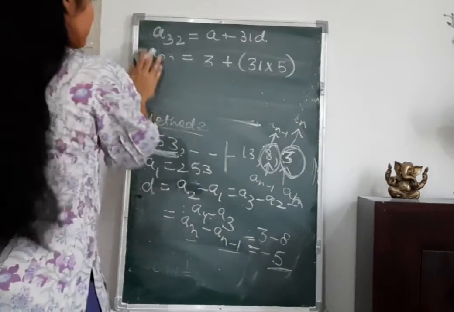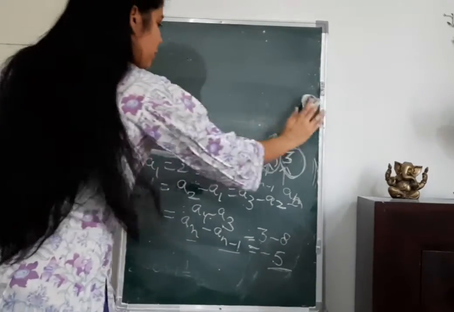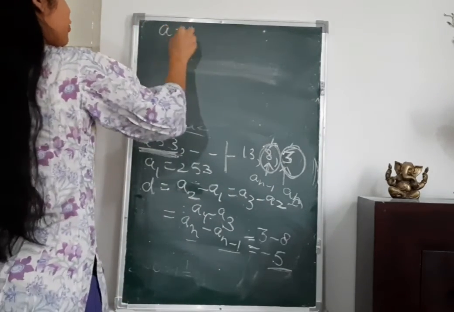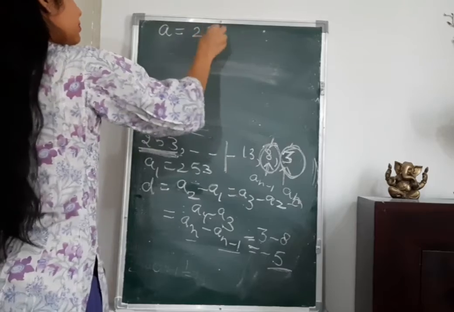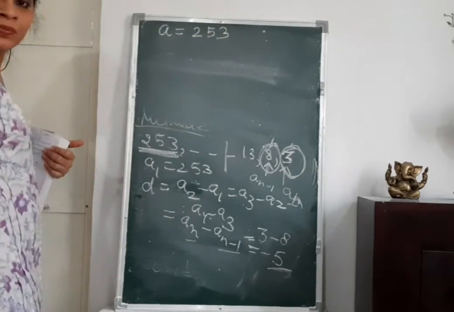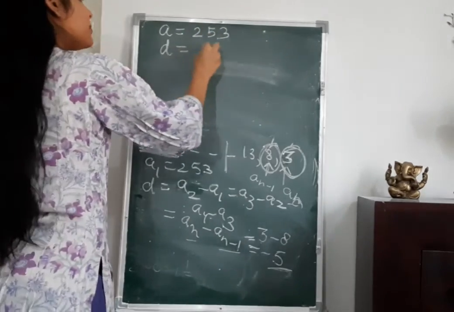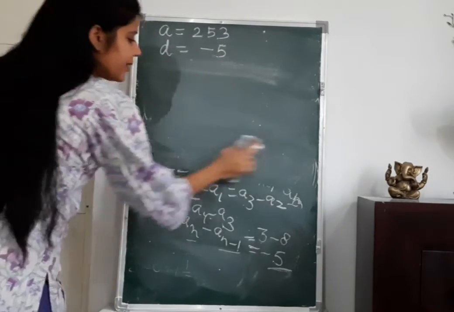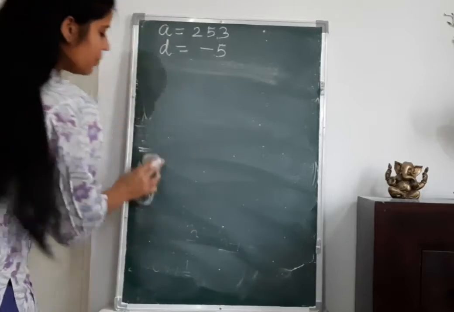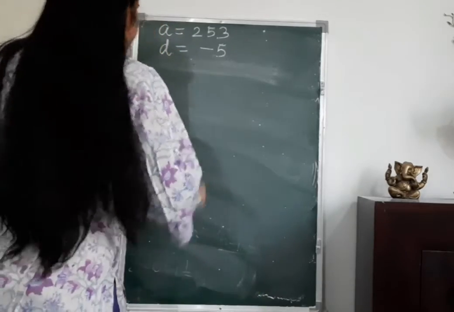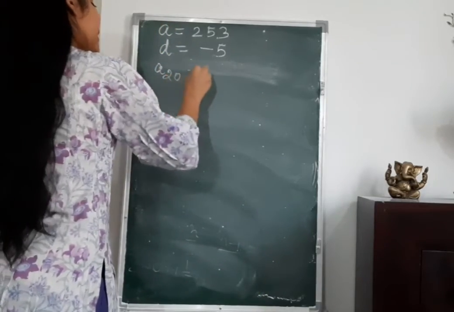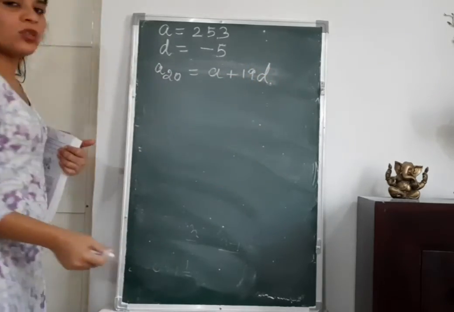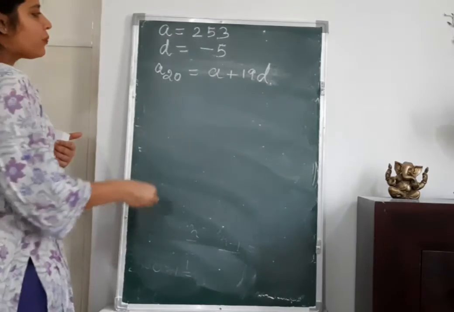So again, A for the series is 253. D for the series becomes minus 5, right? And A20 for the series will be what? A plus 19D. Again using the formula, AN is equal to A plus (N minus 1) into D.